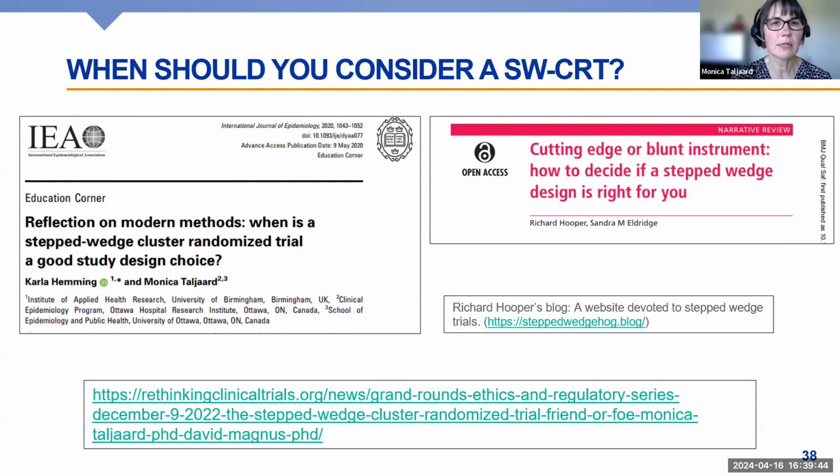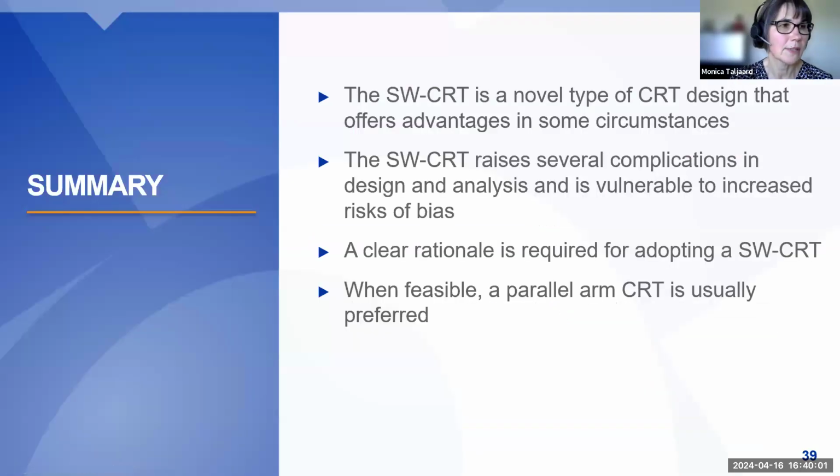There's a nice website, Queen Mary University of London. And then if you are debating whether a stepped wedge is right for you, there are several nice papers and seminars, and also a very nice blog by Richard Hooper that covers some of those considerations.